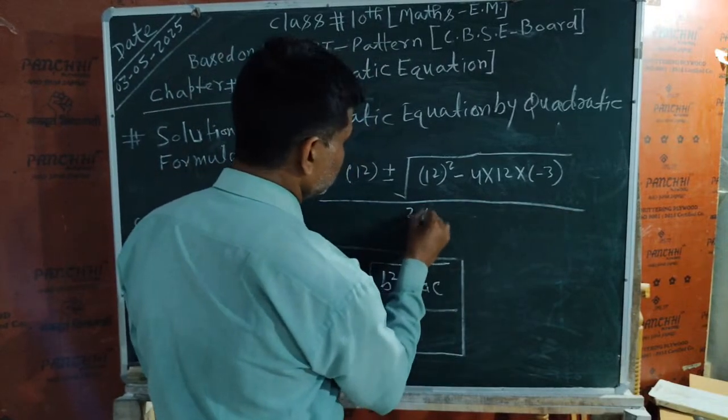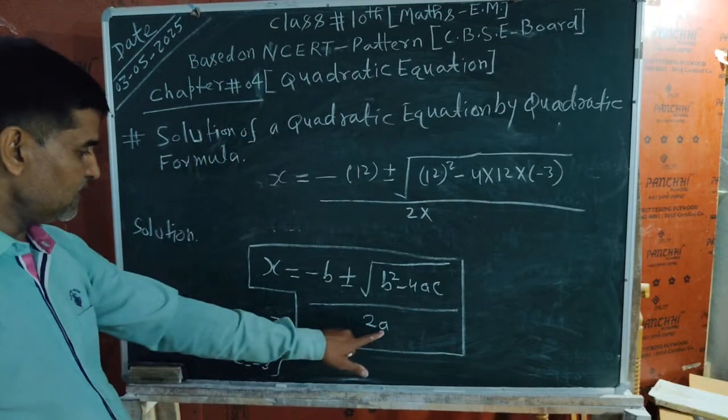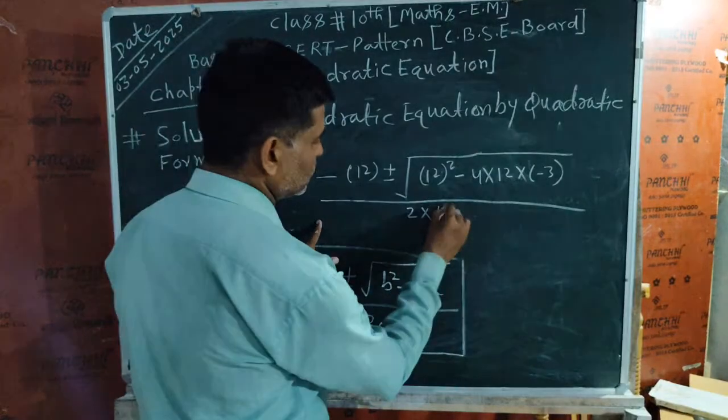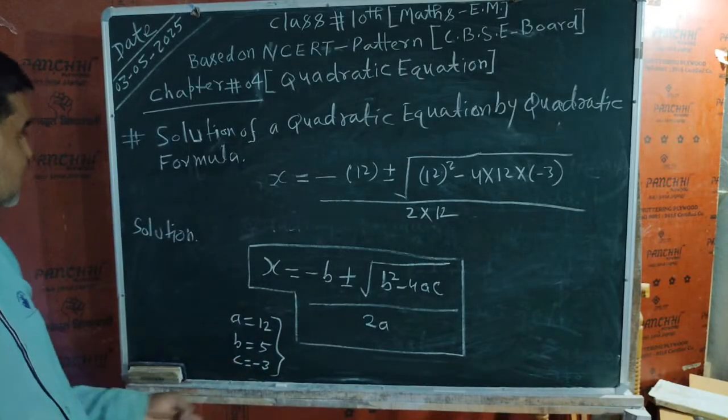So 2 is available in the formula, and the value of a is 12, so I will substitute 12 here. Okay student, so all the information of a, b and c I have written.